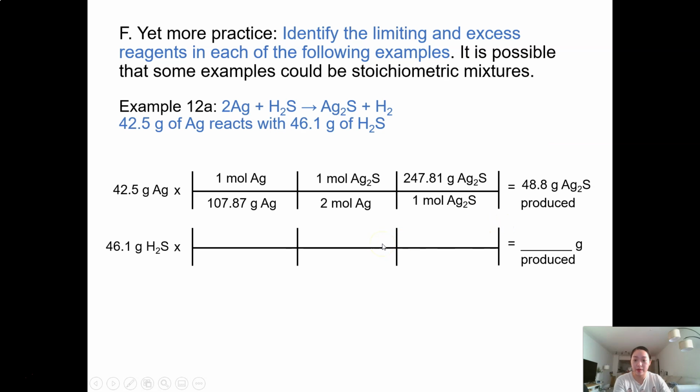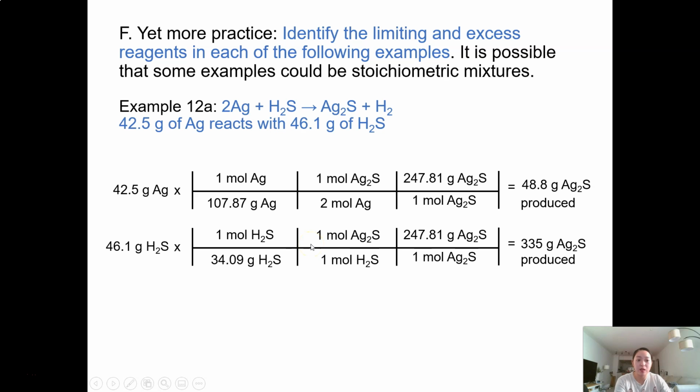Moving on to our next calculation, we have 46.1 gram of hydrogen sulfide. How much of silver sulfide would I get at the very end? And I'm doing the same stoichiometric process, giving me this number.